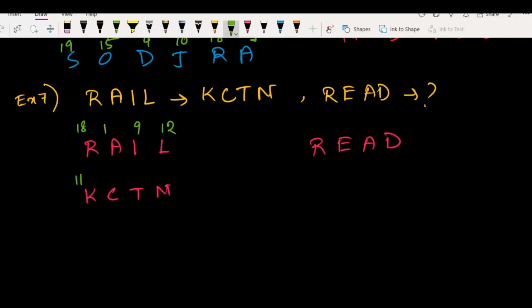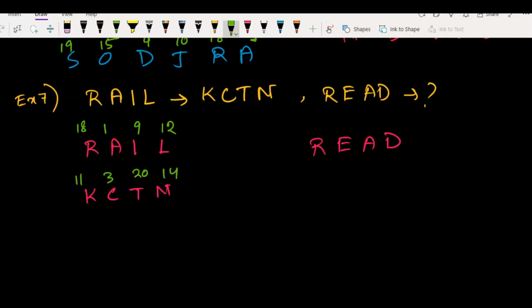So here we have 11, then 3, then we have 20, then 14. So this is not forward pattern, because here 9 goes to 20, 12 goes to 14, there is no pattern. So is this reverse pattern? This is not reverse pattern, because here we have 18 goes to 14, that means minus 4, then 1 goes to 20. This is not the reverse pattern.